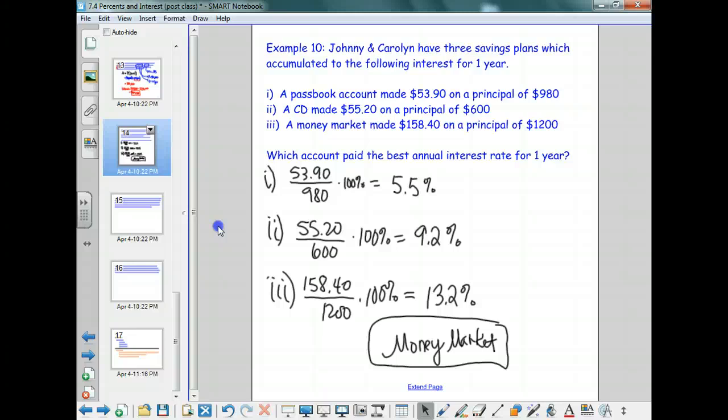These were all loans instead. Things we're paying money on instead of actually earning money on. If that were the case, which account would we be most likely to like? The 5.5, right? The one that's the lower interest rate. So it depends on what you're actually doing with the problem as to which interest rate is the best interest rate for you. Does that make sense? Okay.